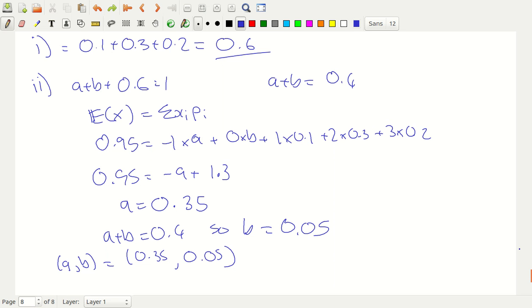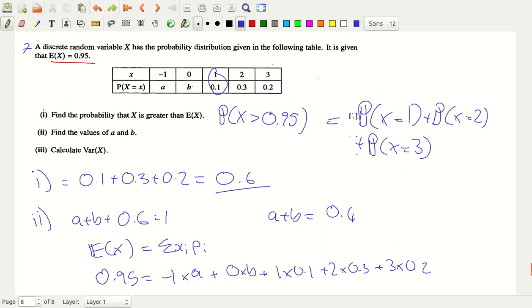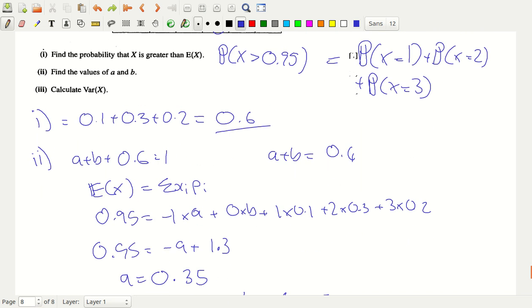Okay. We have one more part to do, I think. Ah, yes, we've got to calculate the variance. We've got plenty of space.